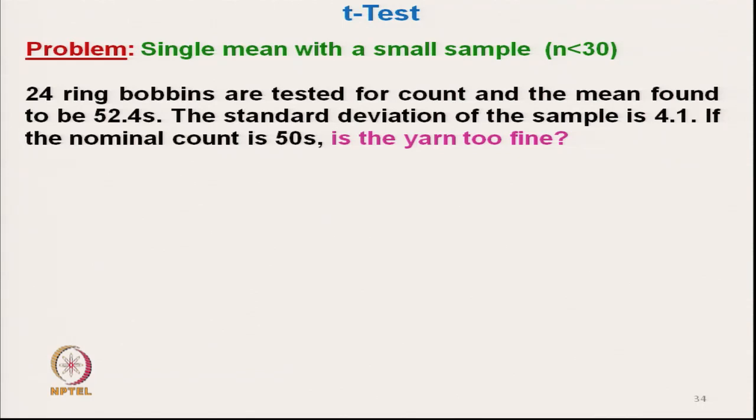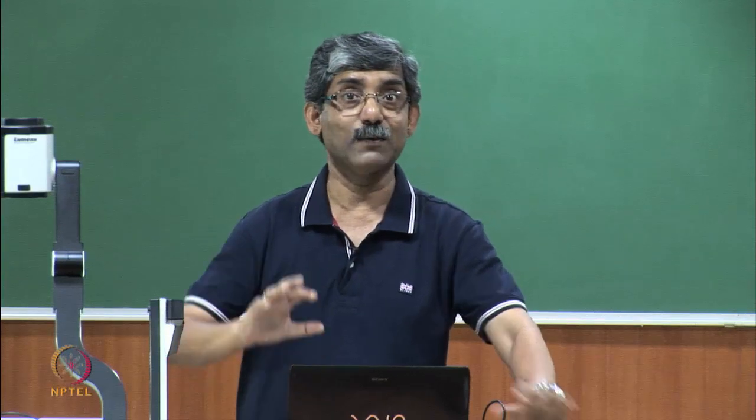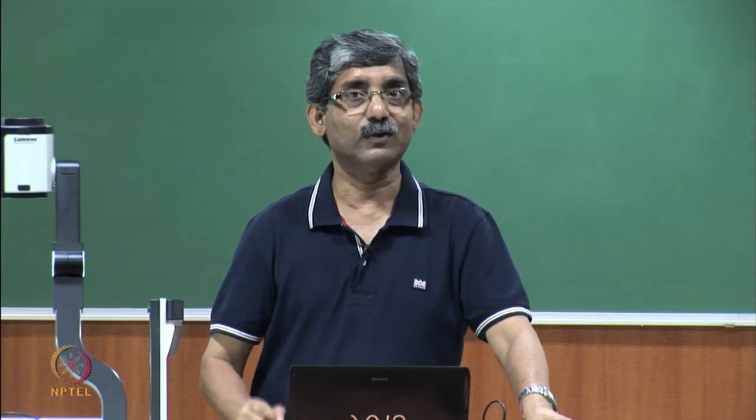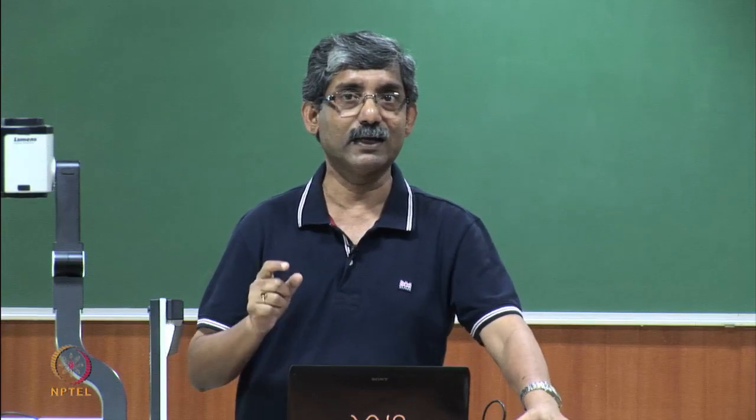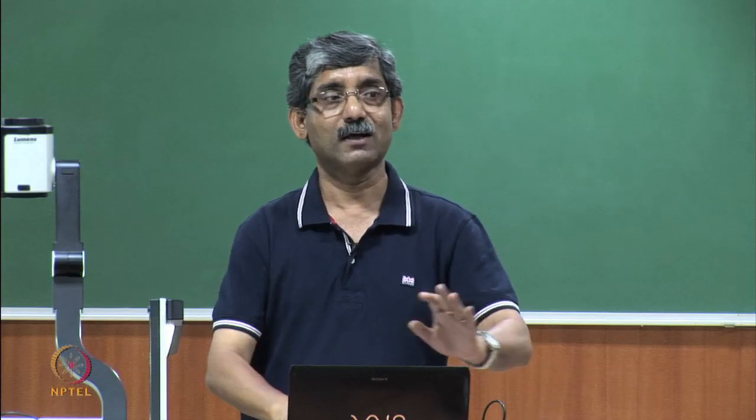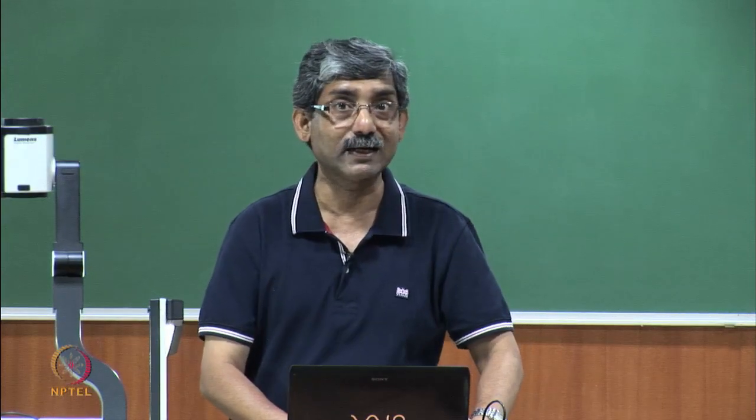So the targeted count is 50, but when the sample of 24 ring bobbins is taken, we have got a count of 52.4 with a sample standard deviation of 4.1. Here the population standard deviation is not known. So, in this specific case, we can assume the sample standard deviation as the population standard deviation, because we do not have any data.